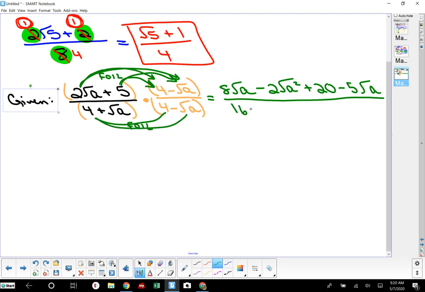Here I get a negative 4 rad A. Here I get a positive 4 rad A. And then a rad A times a negative rad A is a negative rad A squared.